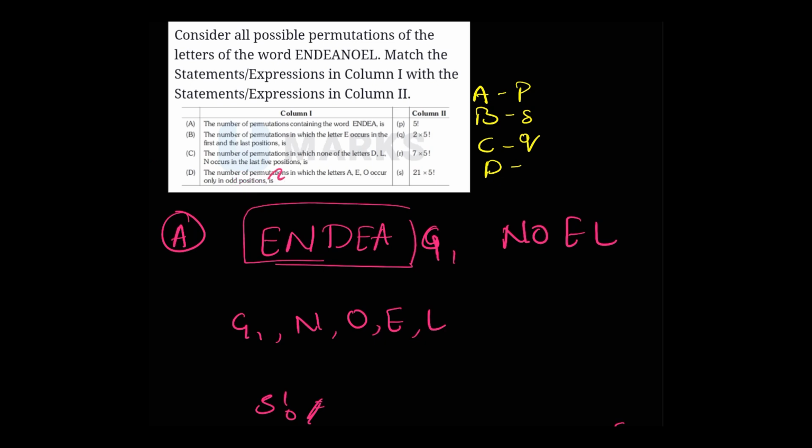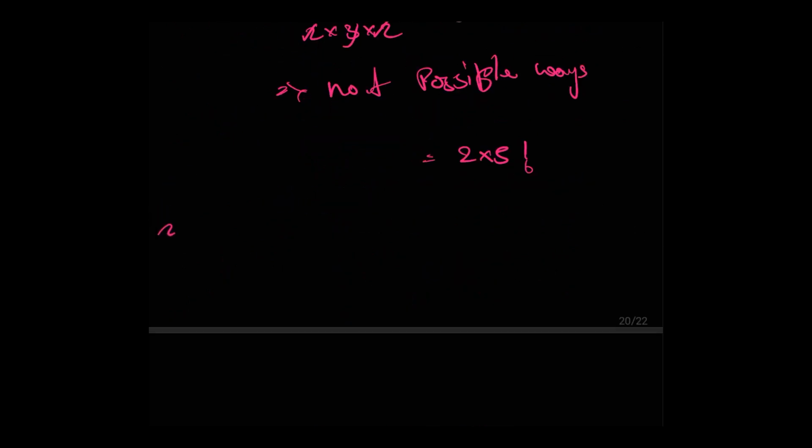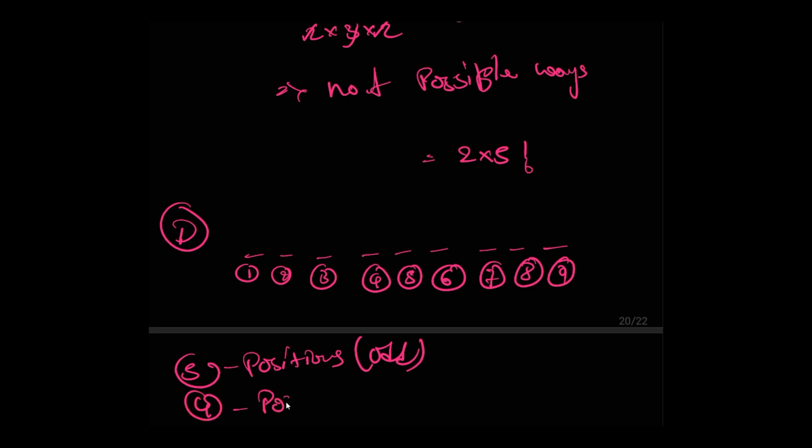D, the fourth one: number of permutations in which letters A, E, O occur in odd positions. 1, 2, 3, 4, 5, 6, 7, 8, 9: first position, second, third, fourth, fifth, sixth, seventh, eighth, and ninth. There are 5 odd positions and there are 4 even positions.